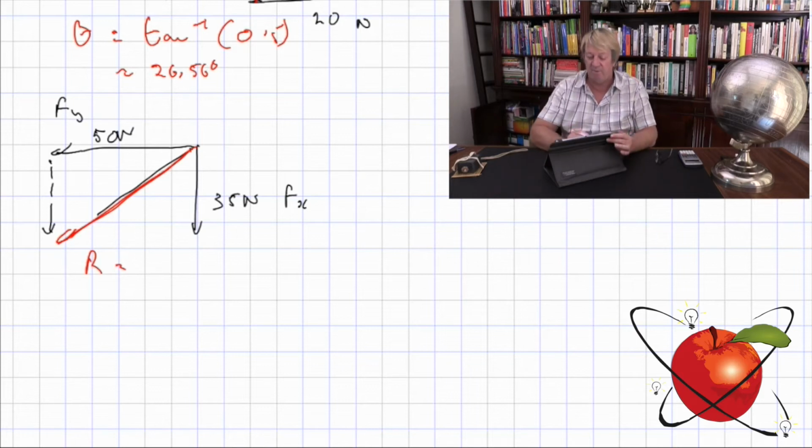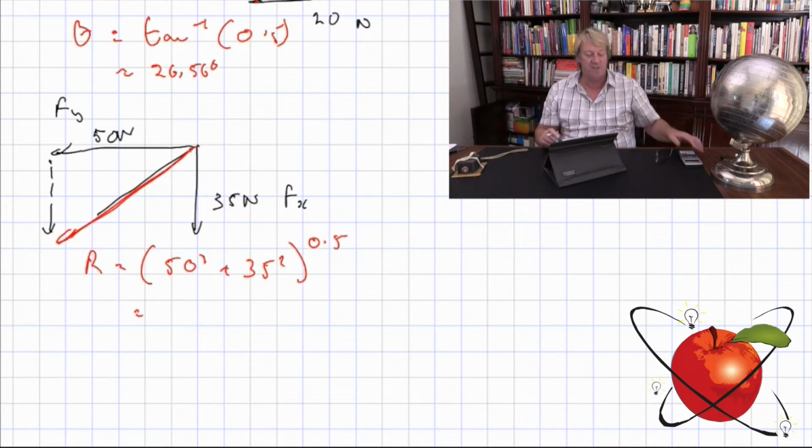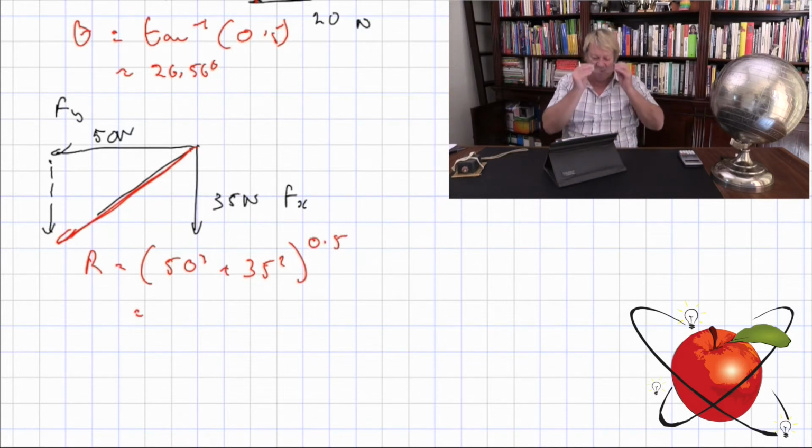We do the same process, and the resultant is going to be equal to 50 squared plus 35 squared, all to the power of a half, which is our square root, and we can work out what the number is. So it's 50 squared plus 35 squared, then I put that all to the power of a half, and I get 61.